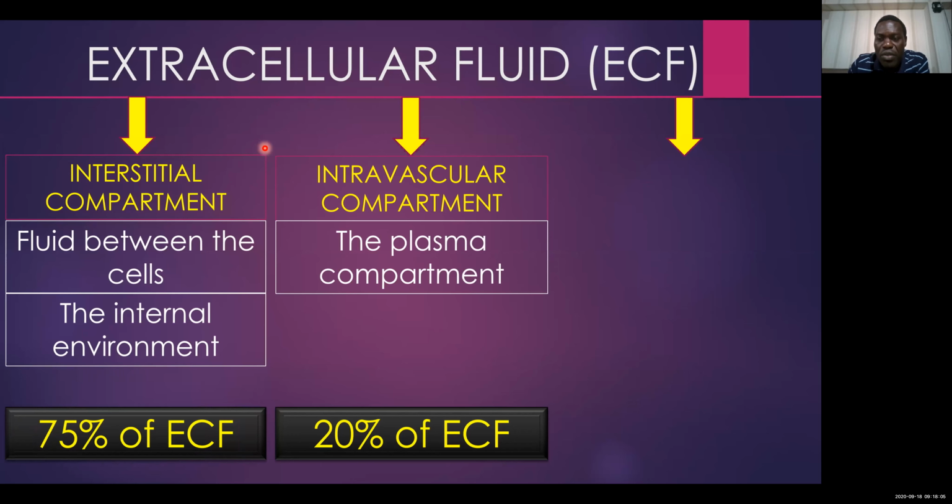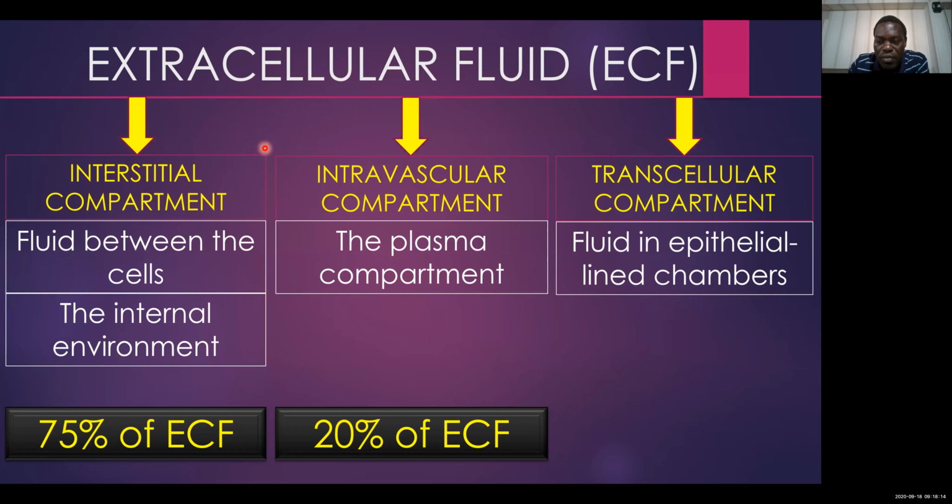And lastly, we've mentioned that there is what we call transcellular compartments. This transcellular compartment refers to fluid in epithelial lined chambers. And I've given you examples of such chambers: synovial fluid, aqueous humor, vitreous humor, CSF, pleural fluid, pericardial fluid, peritoneal fluid, and digestive secretions.